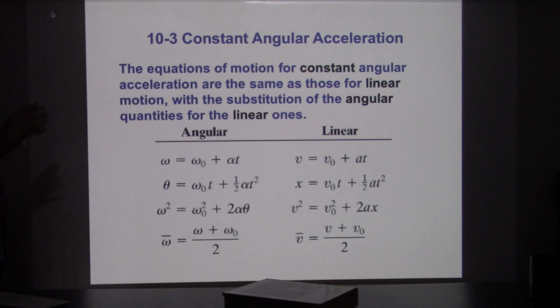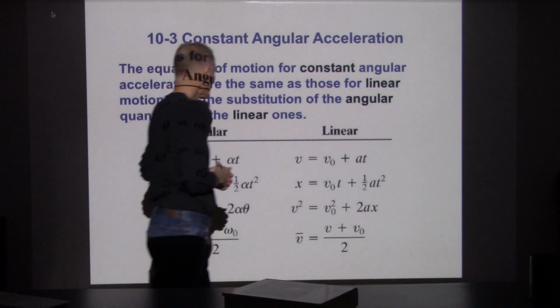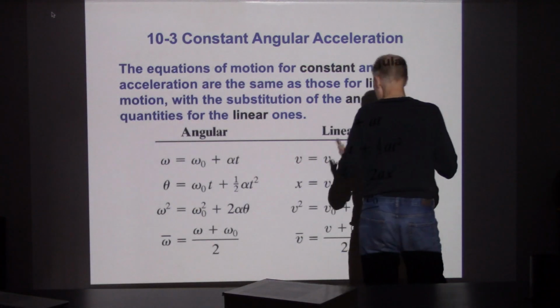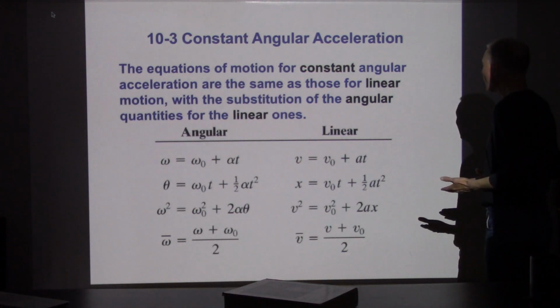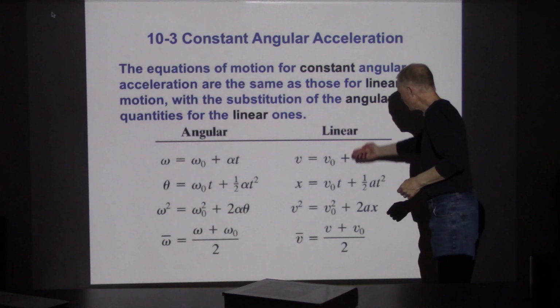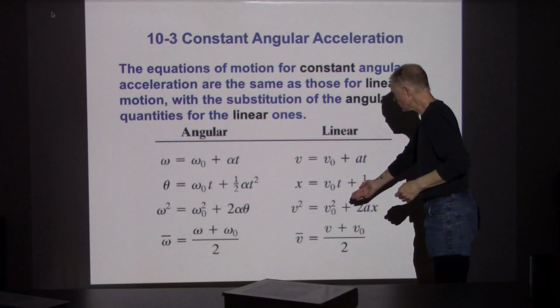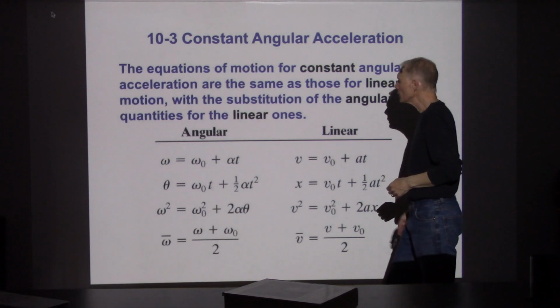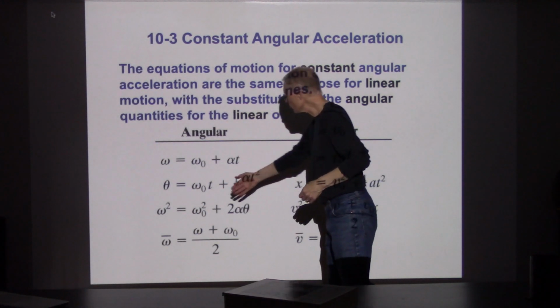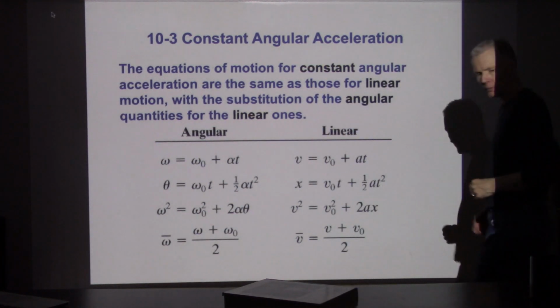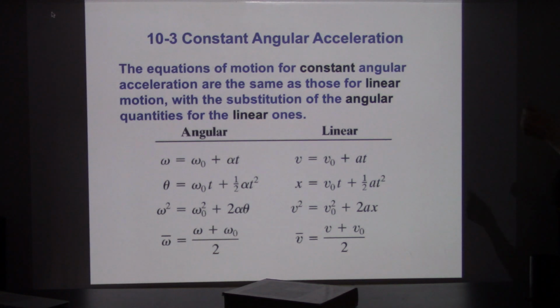We said that one of the best ideas for studying or for setting up problems is to put the linear kinematic formulas in front of you and then look at the angular ones and try and make the one-to-one analogy of how the linear quantities and the angular quantities are analogous, right?